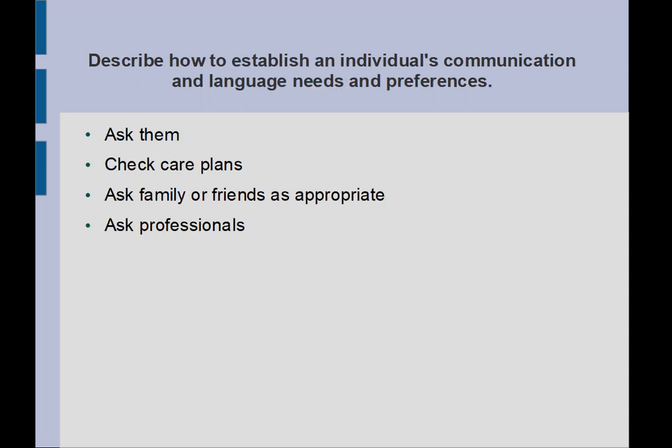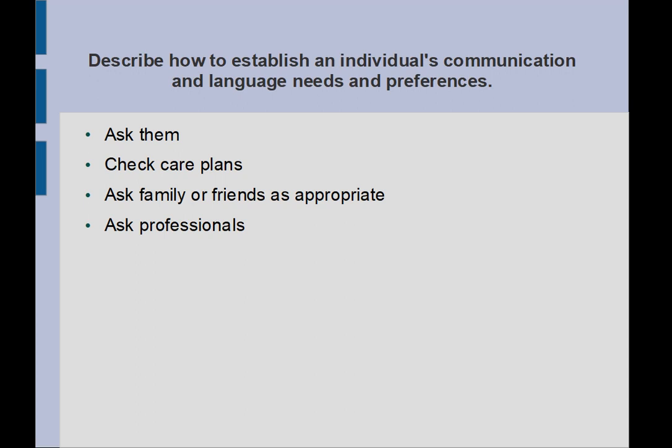All right, next up we have describe how to establish an individual's communication and language needs and preferences. So again, I've made a little list, but you want to describe how you would do it. So some methods, and give a bit more detail than this, are to ask them. Verbally asking people how they prefer to communicate could be important.